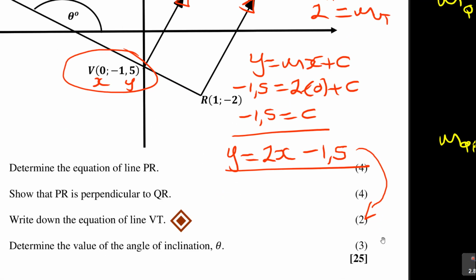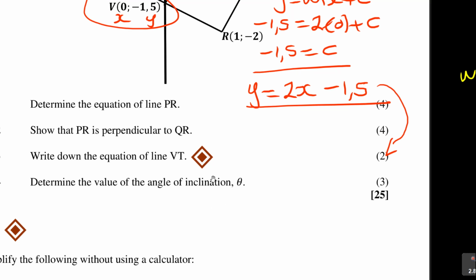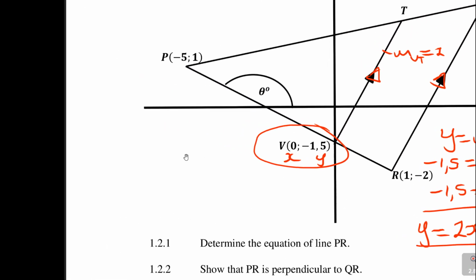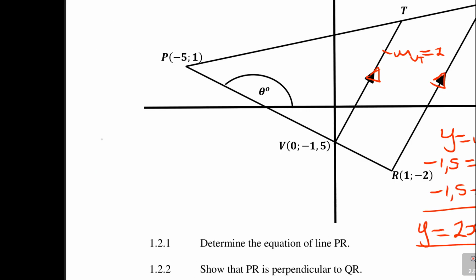Alright, that is that. And then determine the value of the angle of inclination theta. When they come about this angle of inclination, go to the formulas and there is the formula: theta is equal to arctan m.